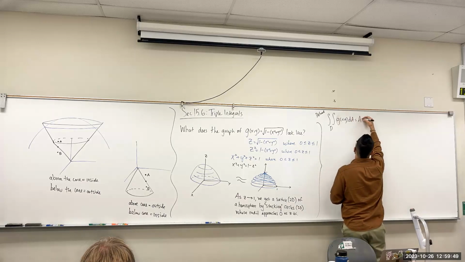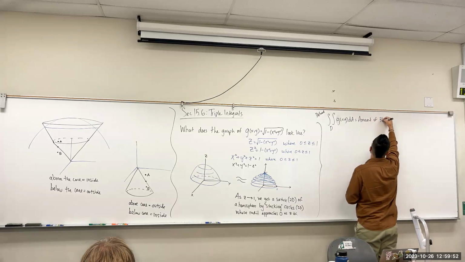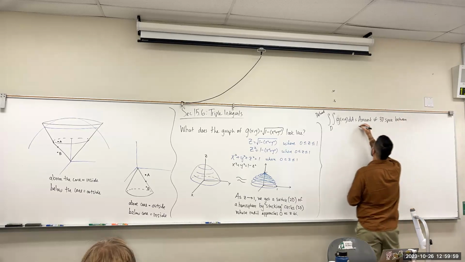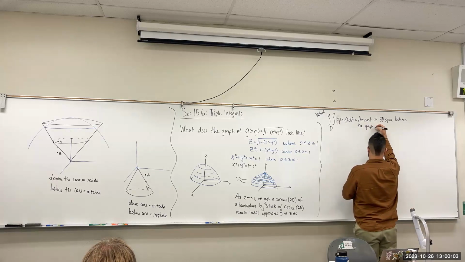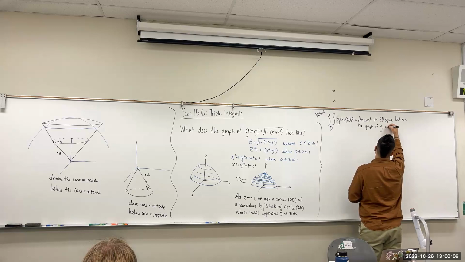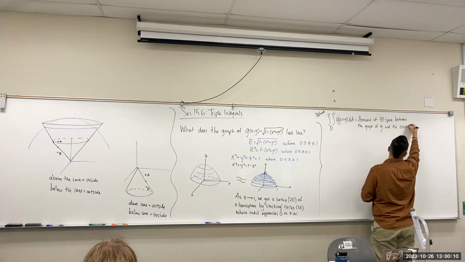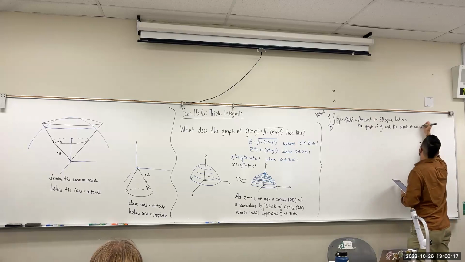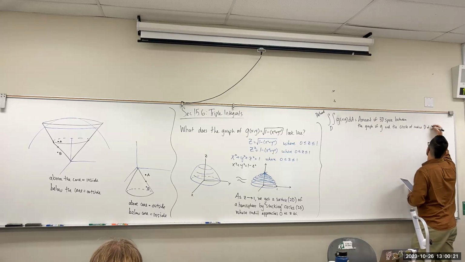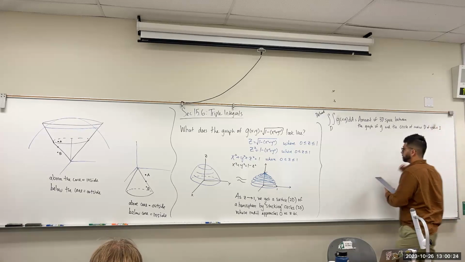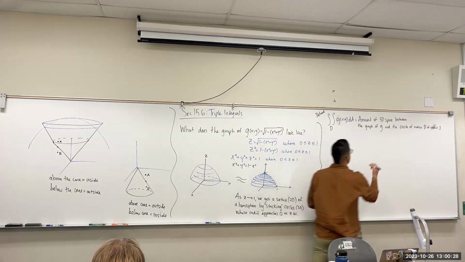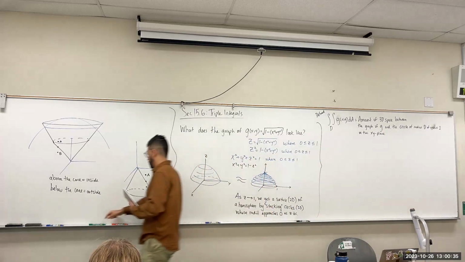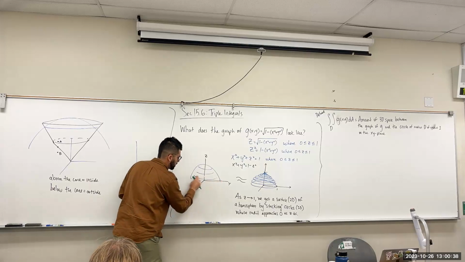And we said this is going to represent the amount of 3D space between the graph of G and the disk D of radius 1 on the XY plane, where that disk is down here on the XY plane.